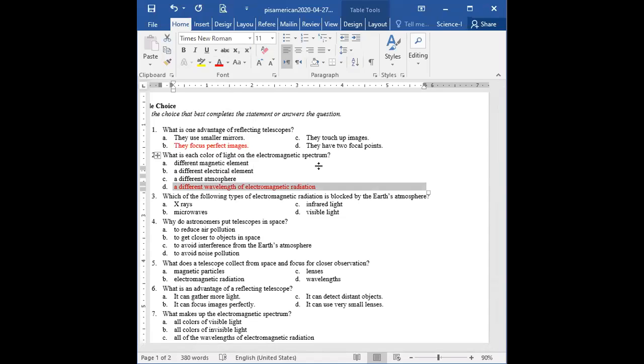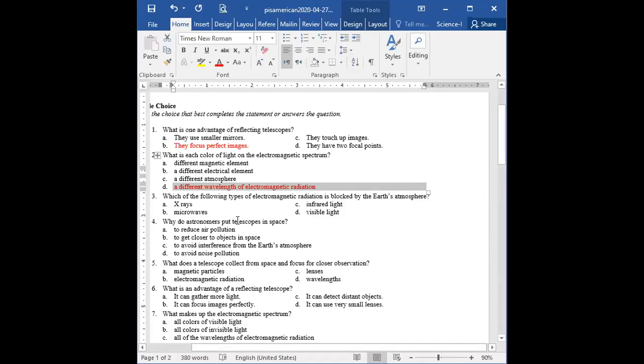For example, visible light alternates between the red color and the violet color. So what makes red different from violet, orange, green, blue, all the 7 spectrum colors? Each color has a specific wavelength and specific frequency. Okay, guys? Is it clear? Yes.